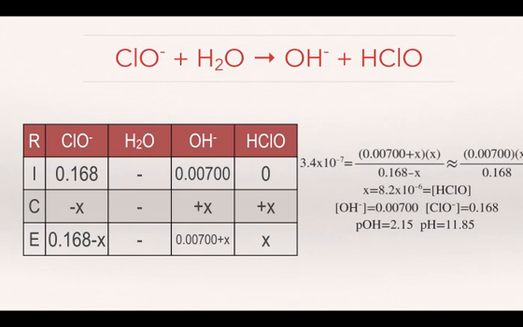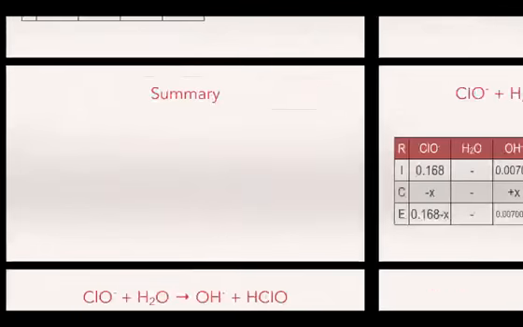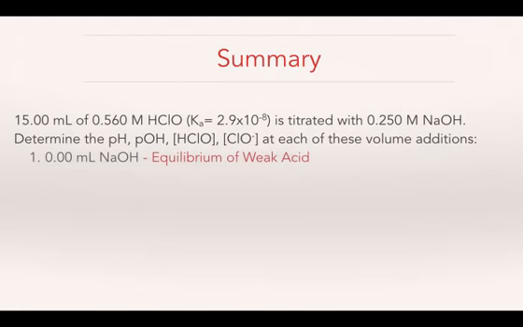So once you've reached a point in a titration where the strong base is in excess, the pH of the solution will be determined by the concentration of the hydroxide ion from the excess. So let's go through and summarize what you're going to do. Prior to any addition of sodium hydroxide, the pH and the concentrations of all the ions in solution is going to be determined by the weak acid only and its equilibrium with water.